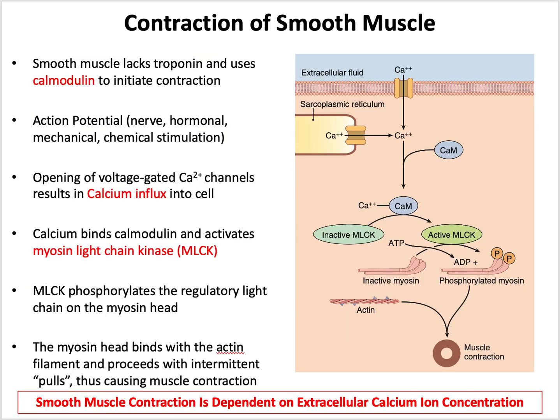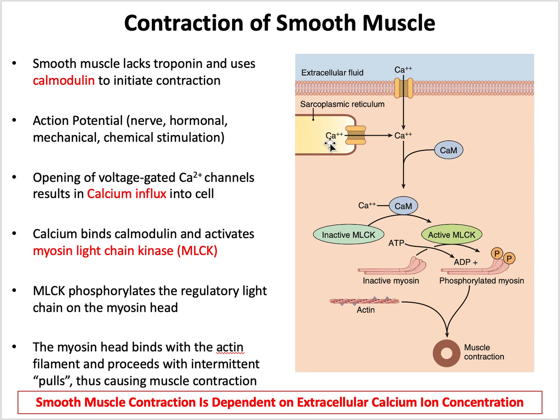Contraction of smooth muscle. All right, so how do we get smooth muscle to contract? Smooth muscle cells are going to rely heavily on extracellular calcium. We talked about how skeletal muscle cells have extensive sarcoplasmic reticulum, which stores calcium. Well, in smooth muscle cells, there's not really a lot of sarcoplasmic reticulum.